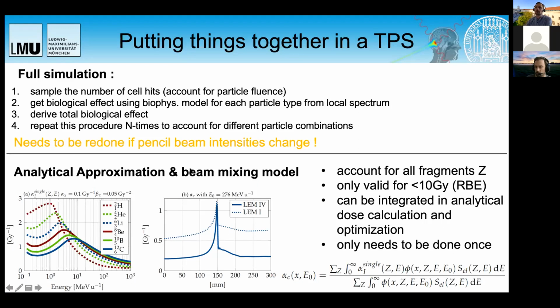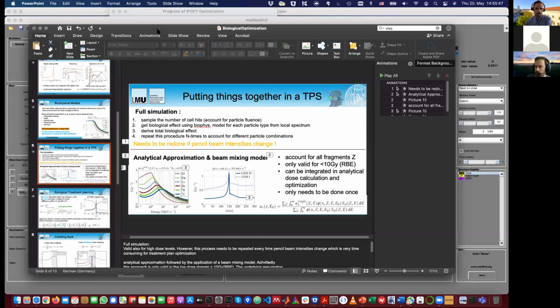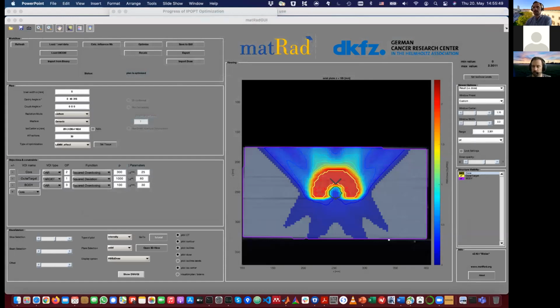So we don't effectively call LEM4 when we perform a biological optimization. This biological base data was created upfront one time and can then be used for every patient for treatment planning, because the dose calculation at the end is carried out in water equivalent length. But this is also very technical then.